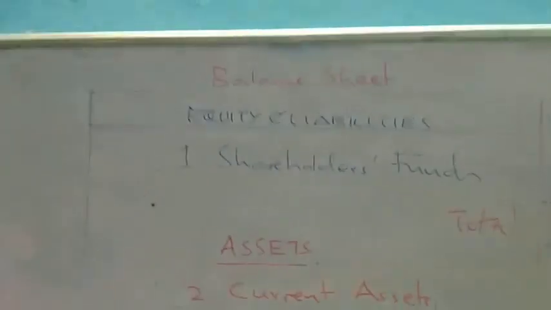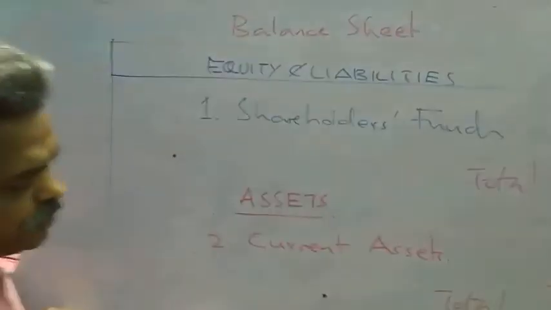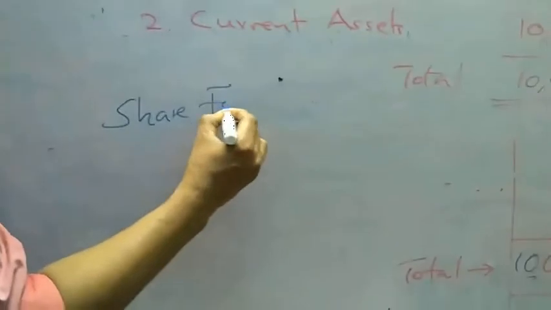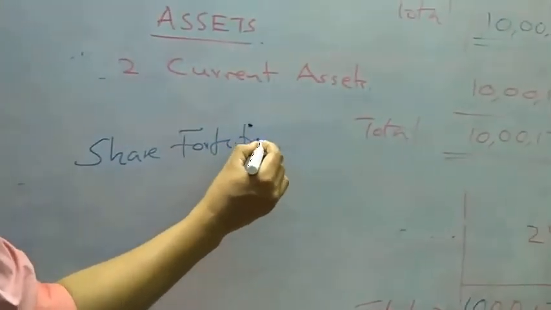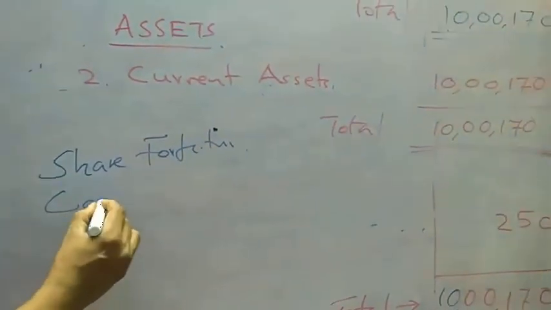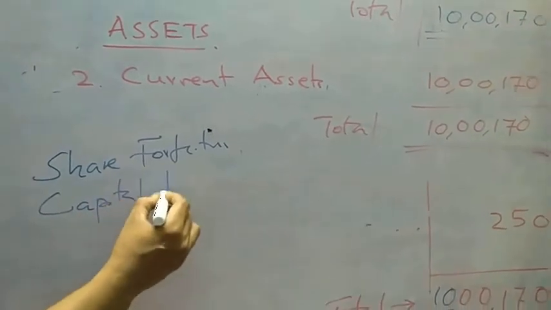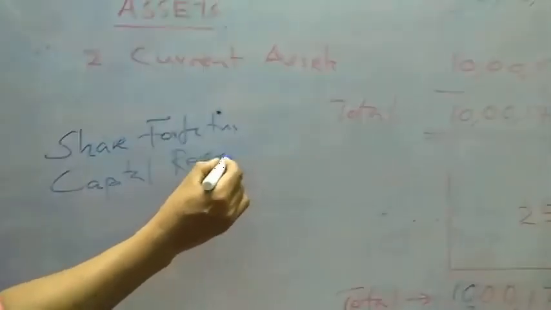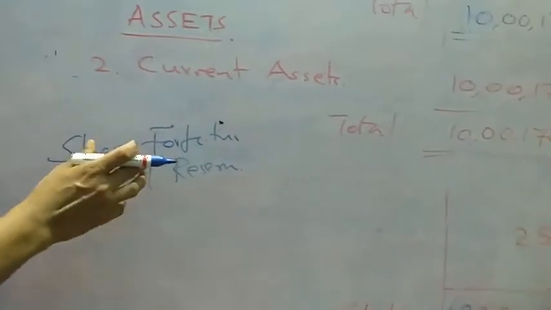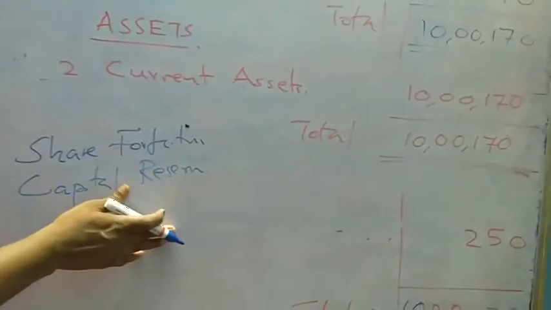Write the total. And repeat again. The concept you have to understand is that in this topic 2 accounts are there. One is share forfeiture account and another one is capital reserve account. These are the two topics you are studying in this particular time.